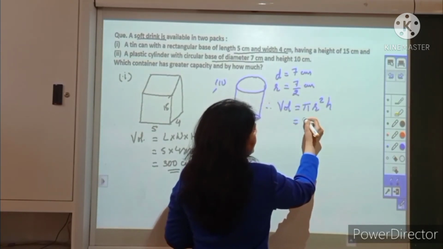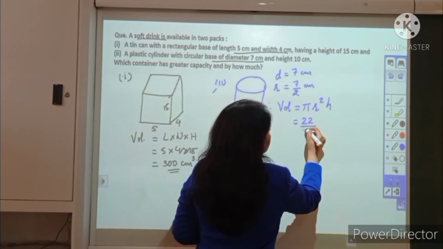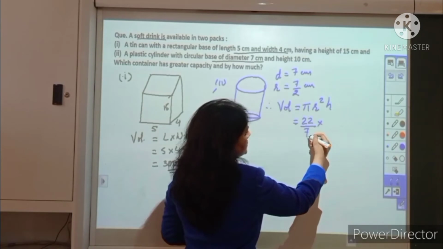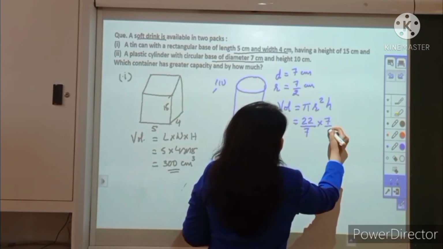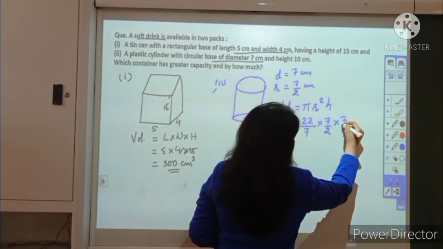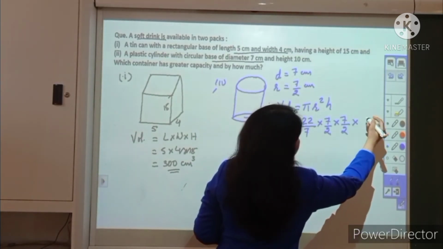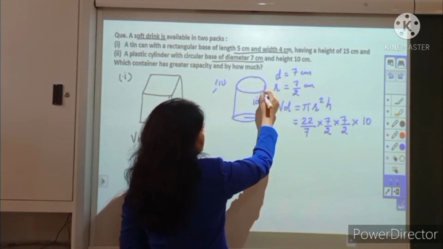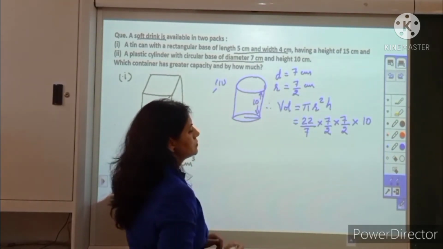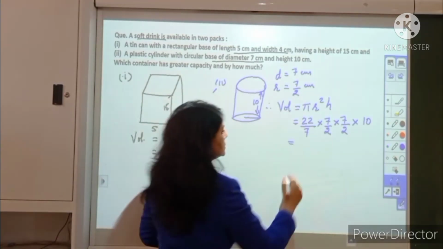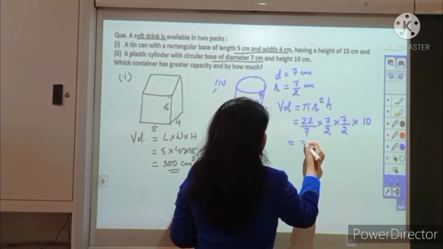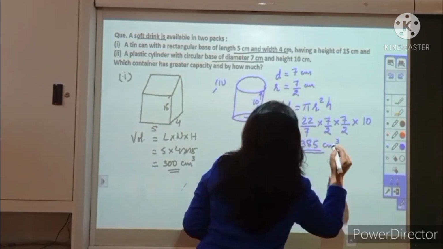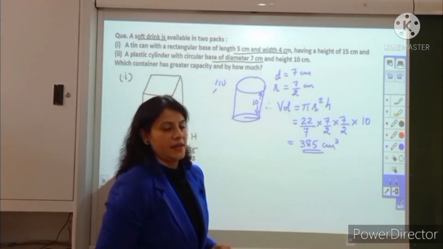So, taking the approximate value of pi, which is 22 on 7, times 7 on 2 times 7 on 2 times height. This is the height of the cylinder. After calculating, we got 385 centimeter cubed as the volume of the cylindrical can.